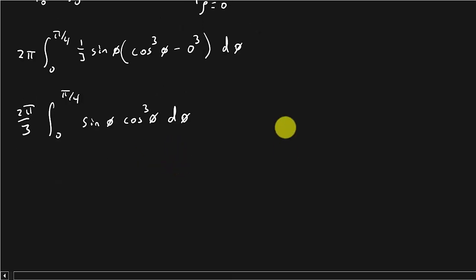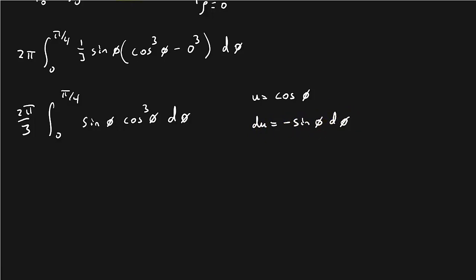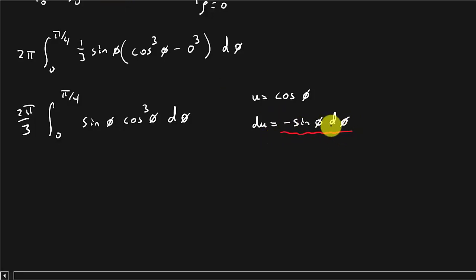And so what do we have here? Well, that's u substitution. I'm going to let u equal cosine phi. So du is equal to negative sine phi d phi. I need negative sine phi d phi, and I don't have a negative.